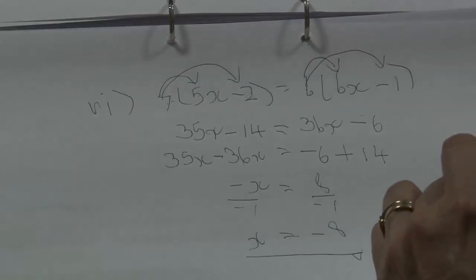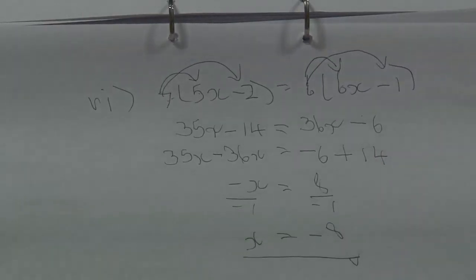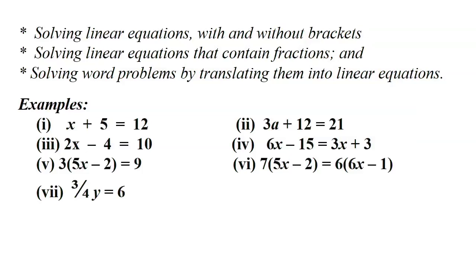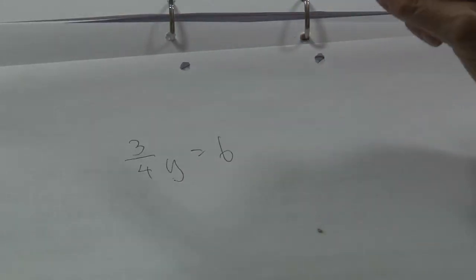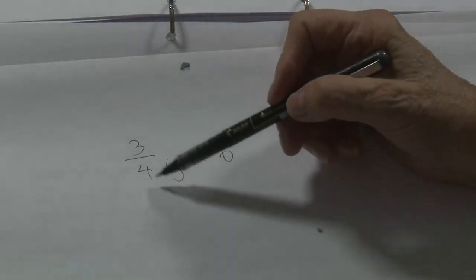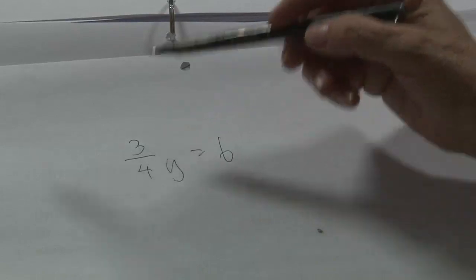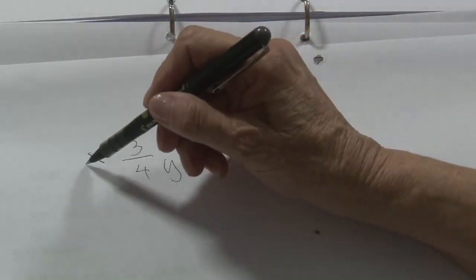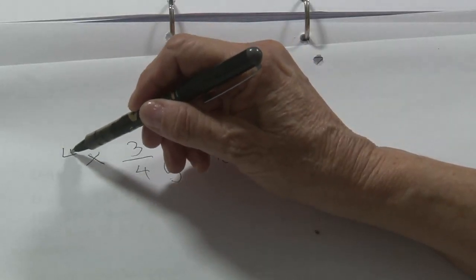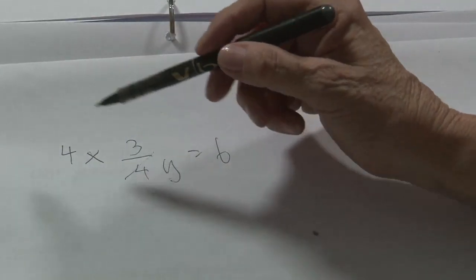Sorry. And then the last one, I'm going to do the last one on this paper, is 3/4 y is equal to 6. The unknown, in this case the y, should always be 1. 3/4 is not 1. So what will I do to make it 1? I will have to multiply by 4 so that I can cancel.